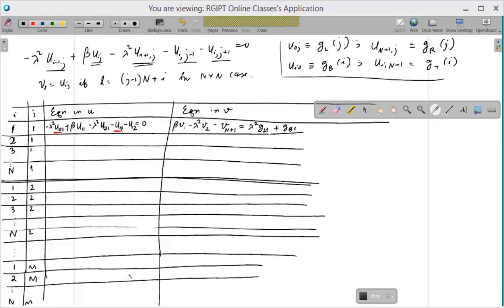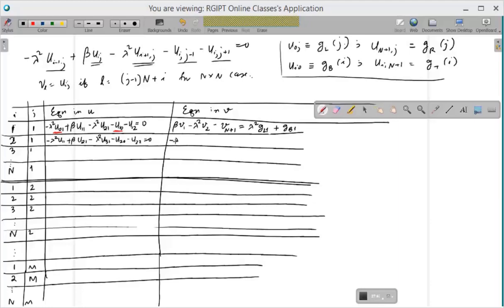Similarly you can write down other terms. A new case here: minus lambda square u11 plus beta u21 minus lambda square u31 minus u20 minus u22 equal to 0.